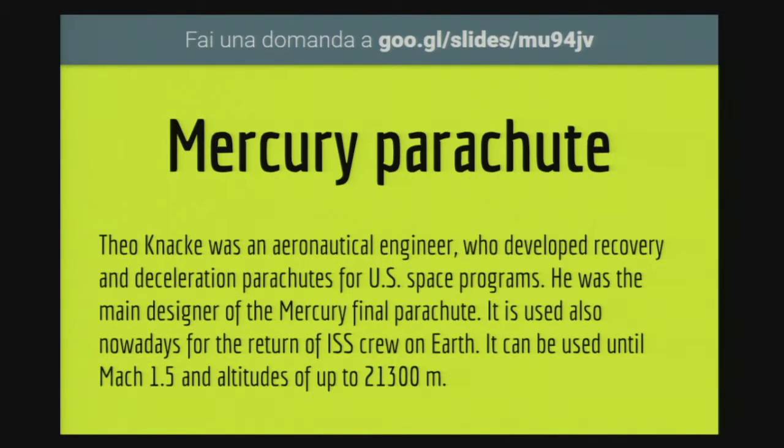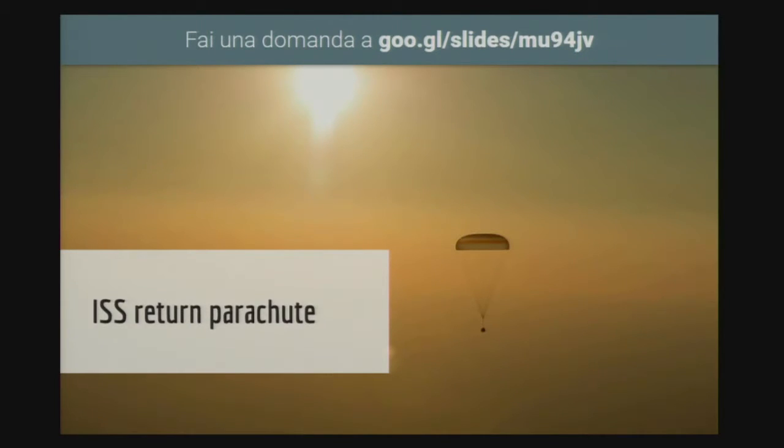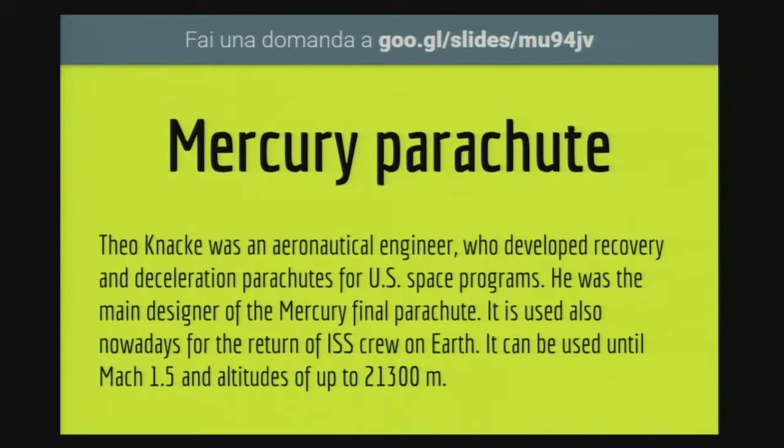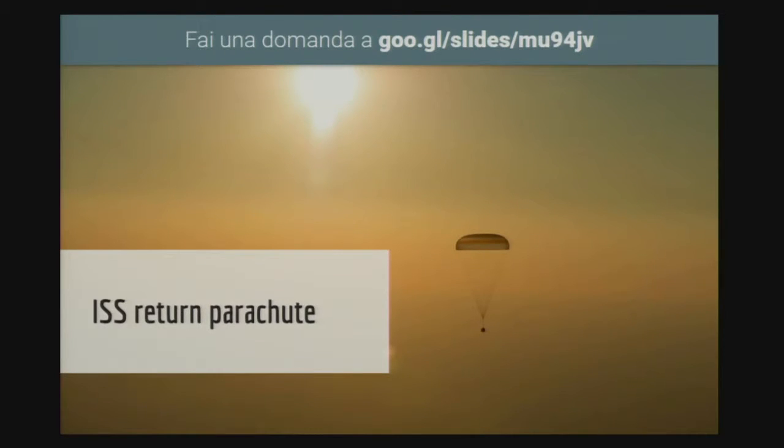This parachute is also used now to bring back the crew of the ISS on Earth. And as you can read, it can be used up to 1.5 Mach of speed. Here is an image of the ISS return parachute, and this is Knacke's invention.